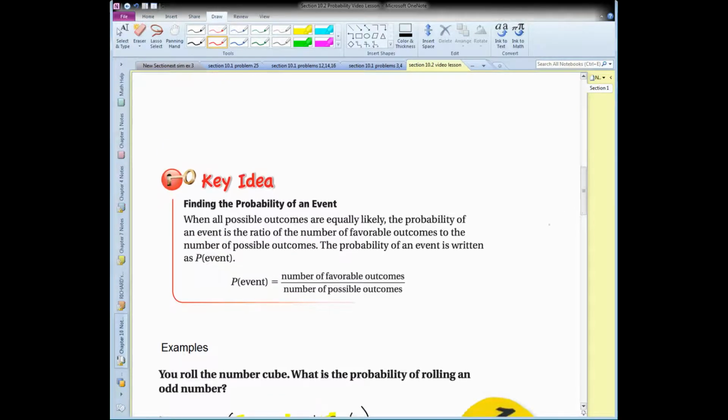All right, let's look at another key idea. This key idea is how do we calculate probabilities? All right, so it says when all possible outcomes are equally likely, the probability of an event is a ratio of the number of favorable outcomes, which we called the FOE, to the number of possible outcomes, which we called the PO.